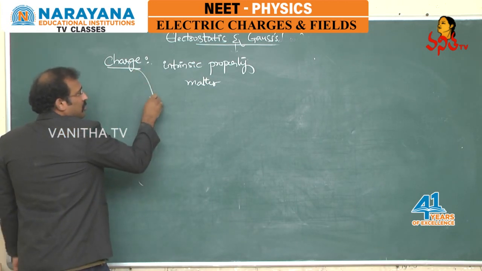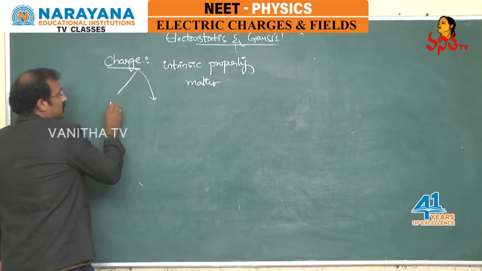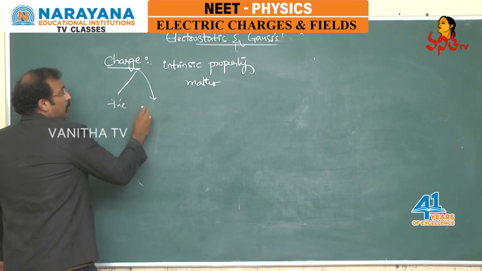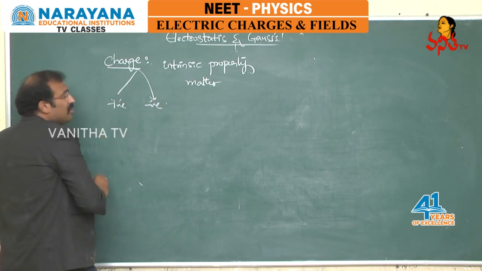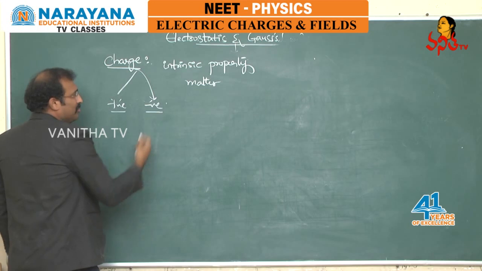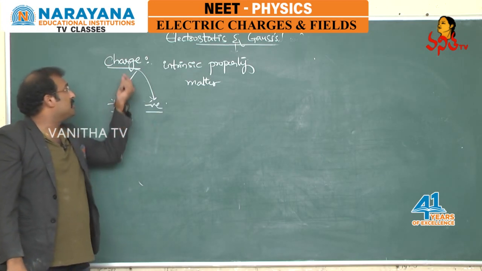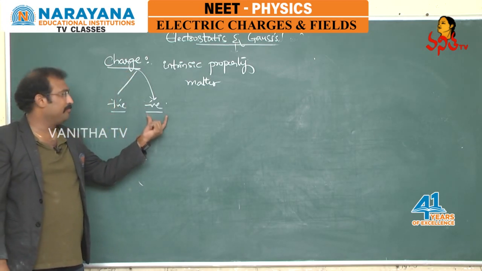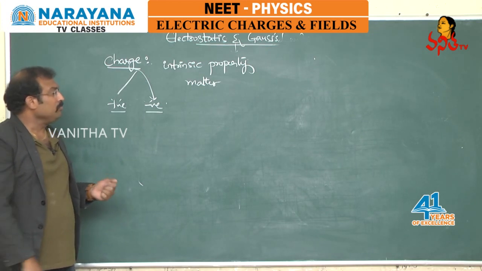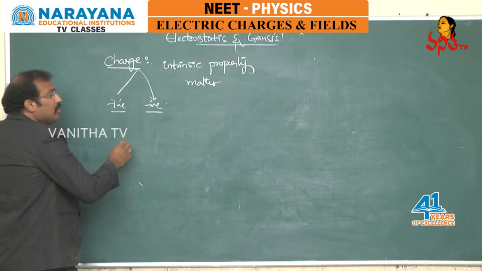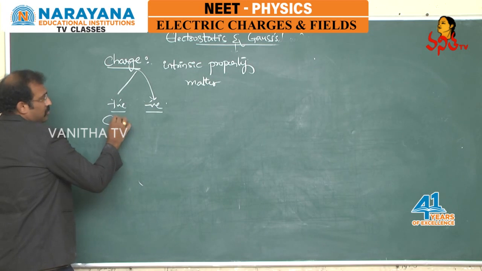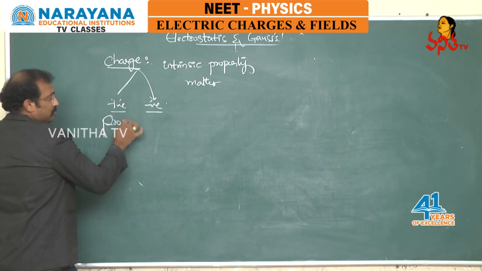This charge is of two types. One is positive, one is negative. This is by basic nomenclature. We are representing the charge as positive and negative. Now, this charge has some properties.